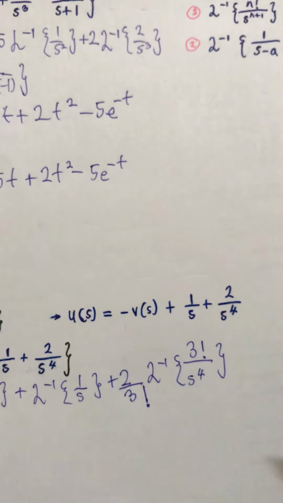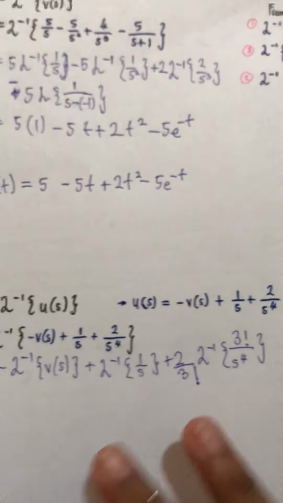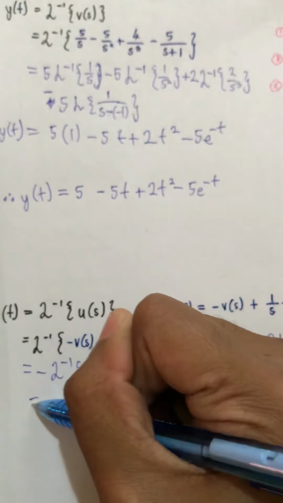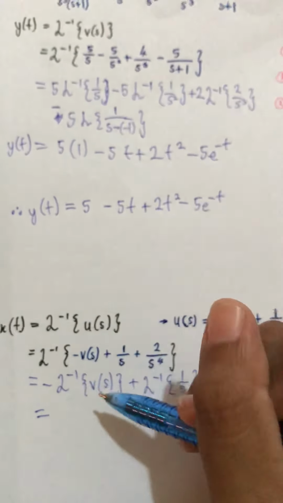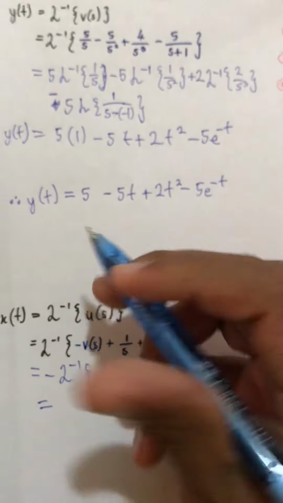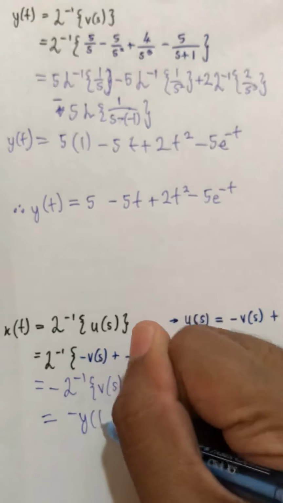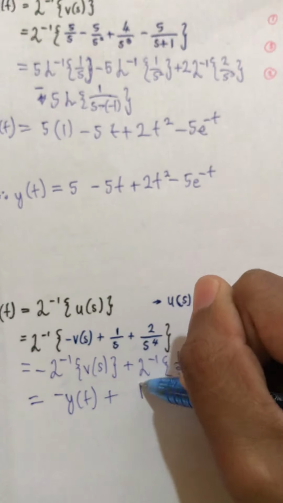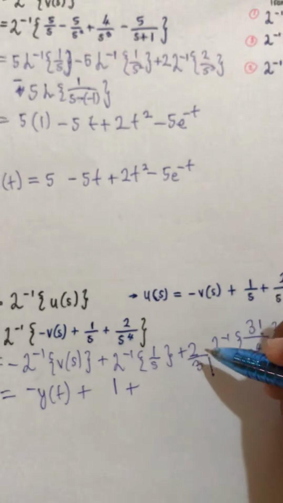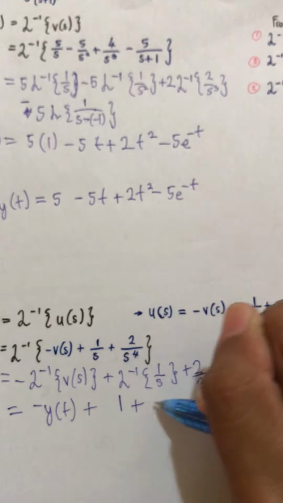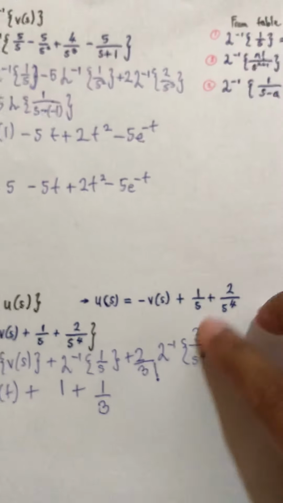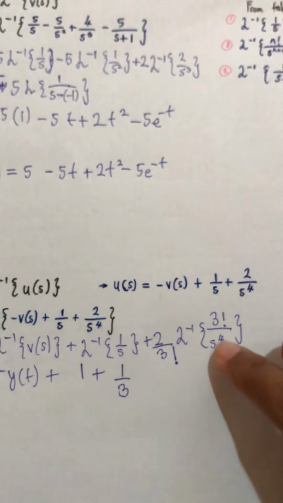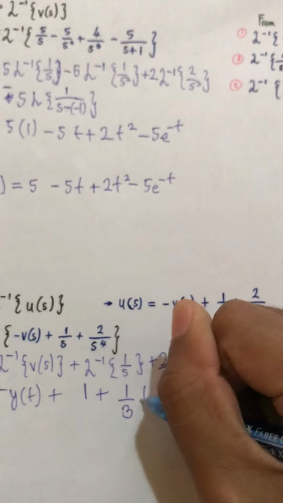So we just substitute this. So we get the inverse Laplace of minus Vs, which is actually equal to minus yt. And then the inverse of 1 over s, we will get 1, plus here is 2 over 3 factorial, so we get 1 over 3, and then the inverse Laplace transform of 3 factorial over s power of 4 gives t power of 3.